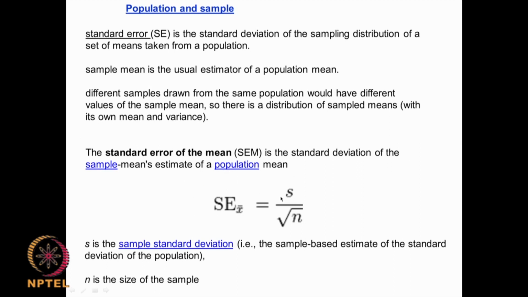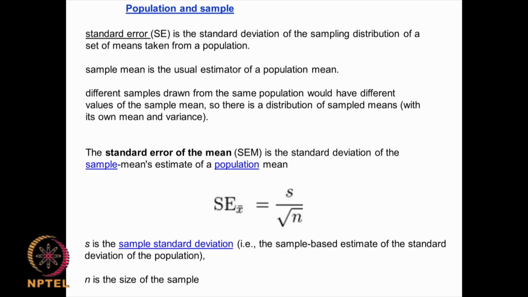So, how do you calculate standard error? We take the standard deviation of the sample divided by the square root of n. This is called the standard error, or standard error of the mean. Here S is the sample standard deviation, n is the sample size.